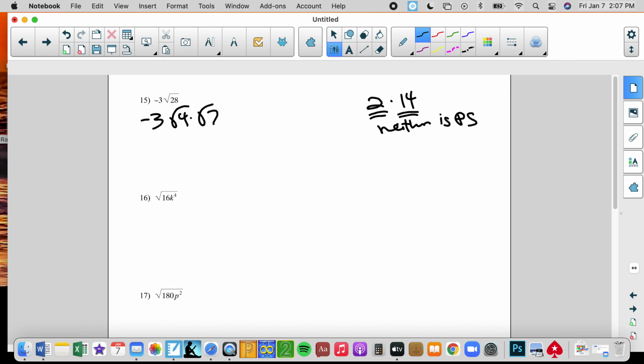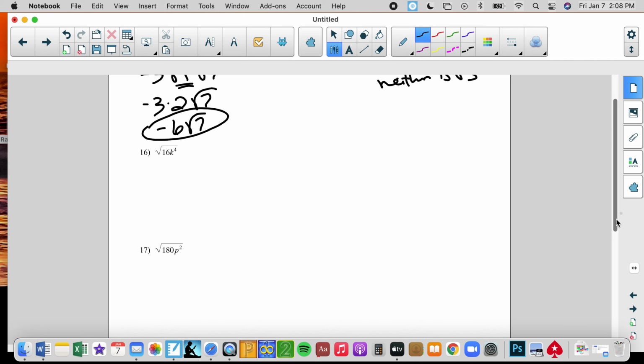That's why I didn't choose 2 and 14. And I'd rather choose 4 and 7 because rad 4 can be simplified because it's a perfect square. Just reminding you why we choose certain factor pairs over other ones. 4 times 7 equals 28, 2 times 14 equals 28, but 4 is a perfect square, 2 and 14 are not perfect squares.